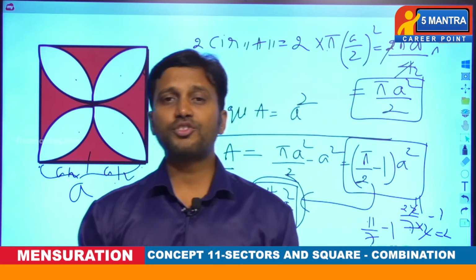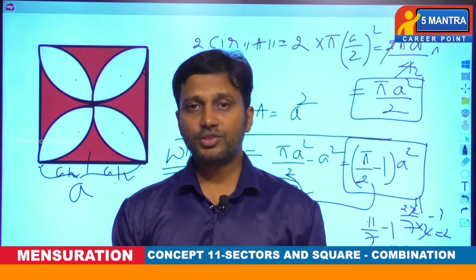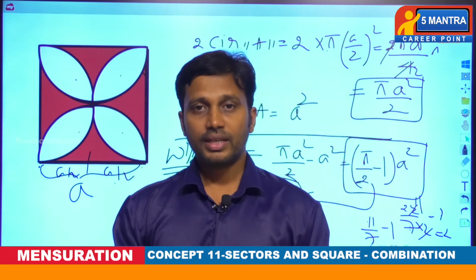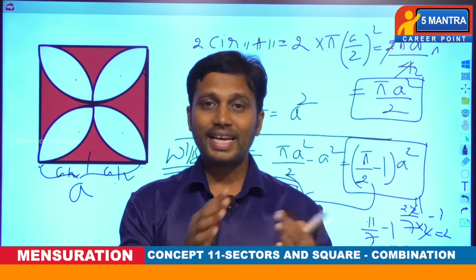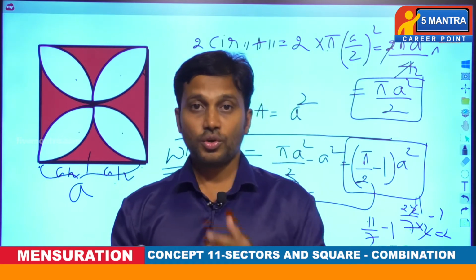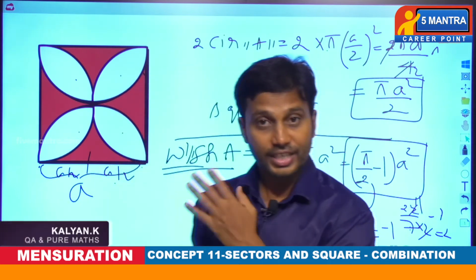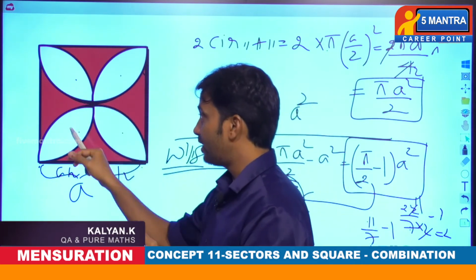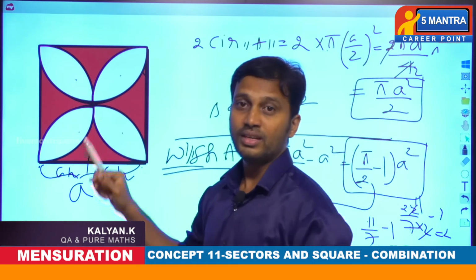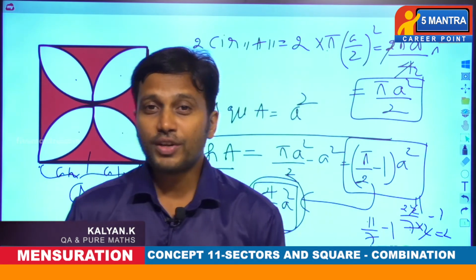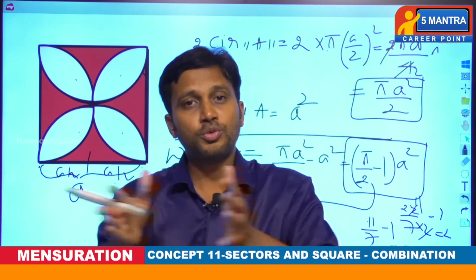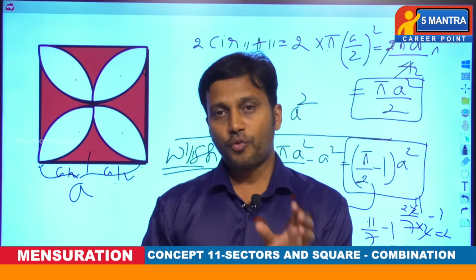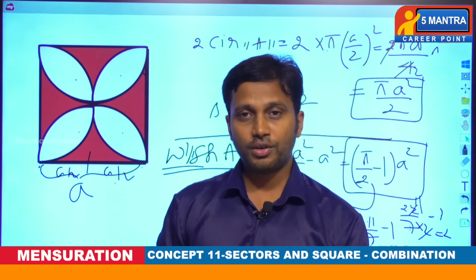So when this overlap takes place, there is not sufficient area in the square, that means four semicircles occupy more area than the square. Then the shaded region, or the white colored flower region, represents the difference of the areas of four semicircles and the square.